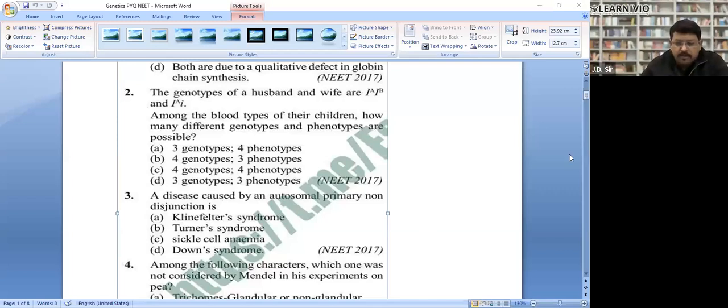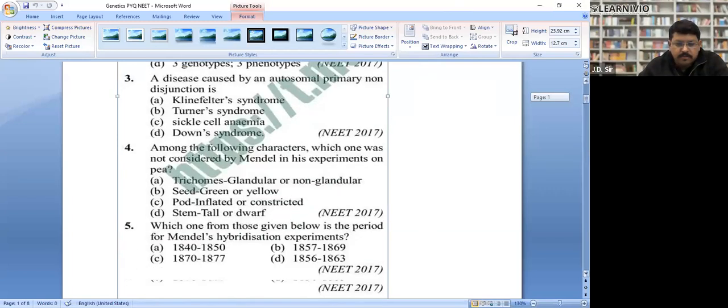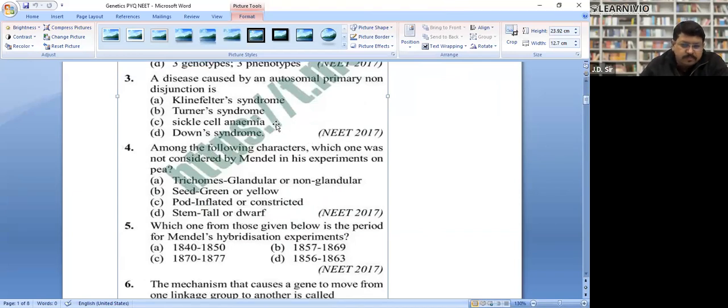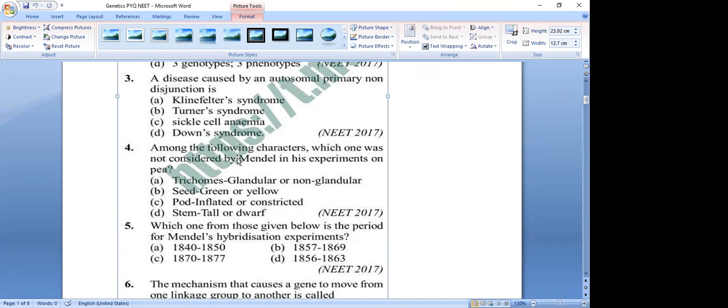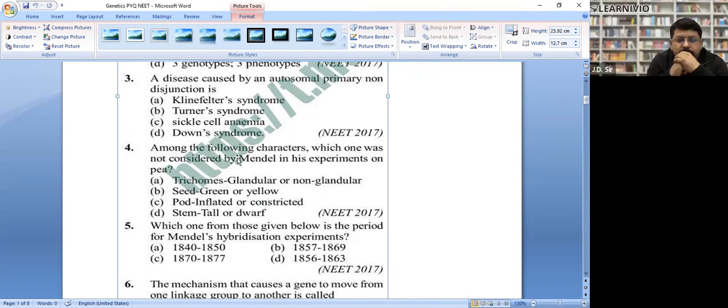Next. Third one. Yes, Memona. A disease caused by autosomal primary non-disjunction. What is the answer? Down syndrome. So what is non-disjunction?